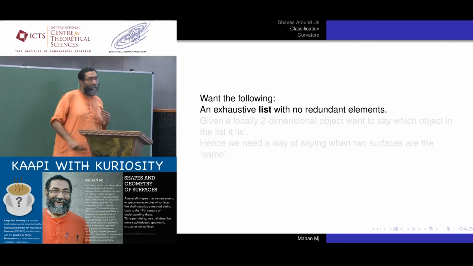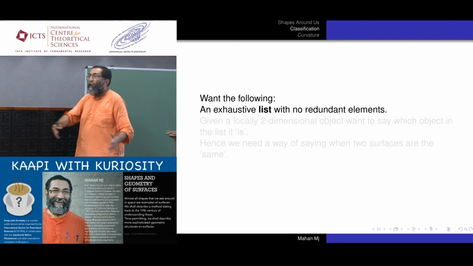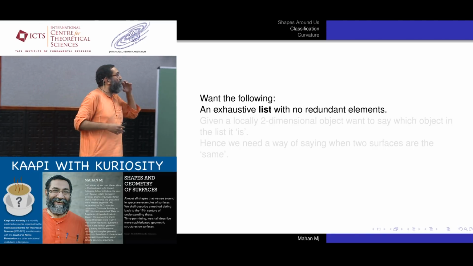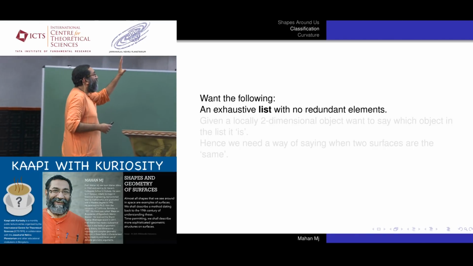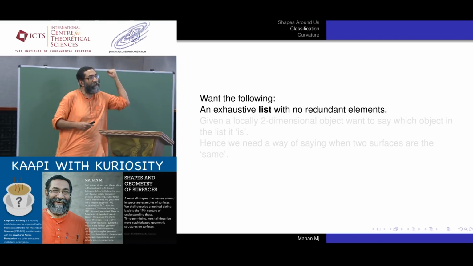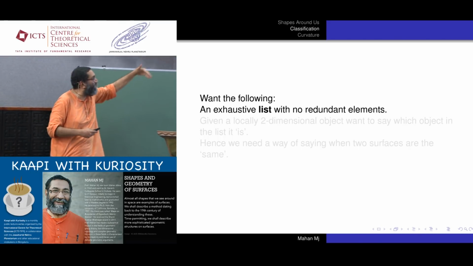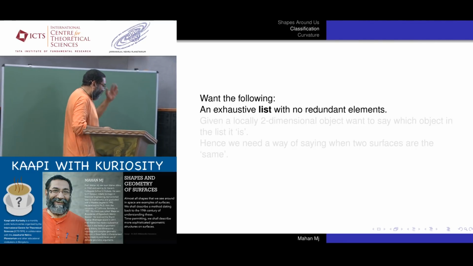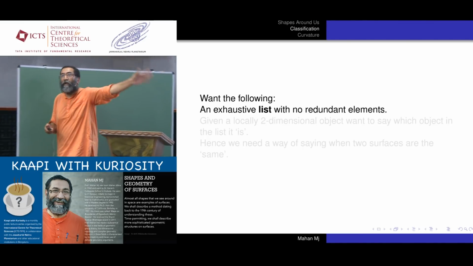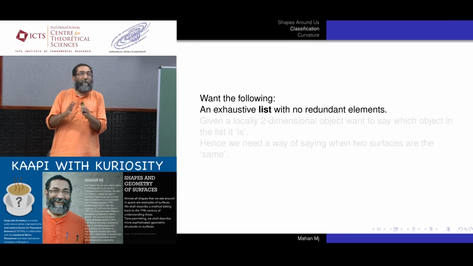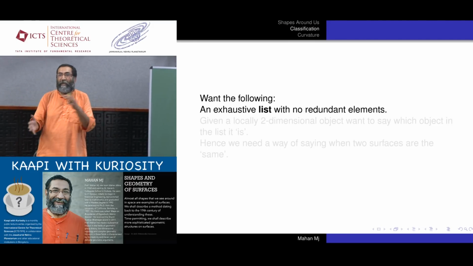So first thing is that we really want an exhaustive list of these dockets. Yeah? So this list is a collection, a list of abstractions in a certain sense, which we'll be making more precise as we go on. And the same object must not occur in various places. So for example, suppose we are in a position to distinguish chairs from tables.